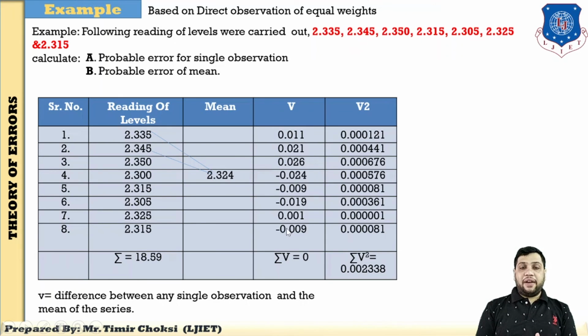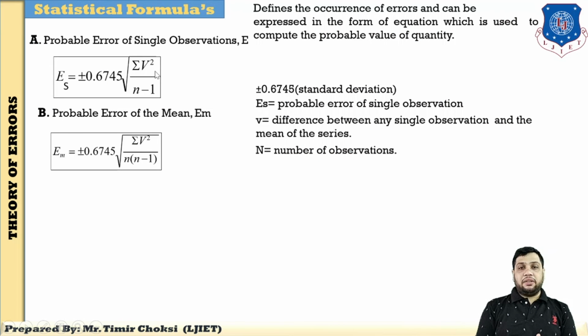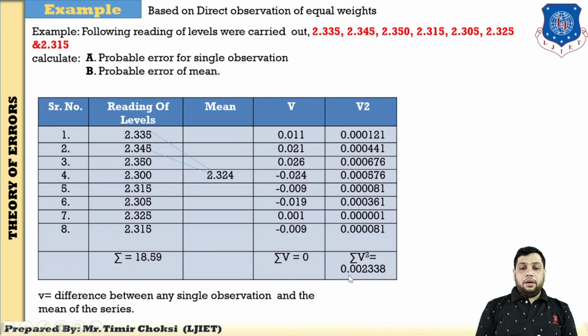So you first find the value of V, and after finding all the values of residual error, then take the square of the residual errors. So you find the summation V square, because our main goal is to find the summation V square. The summation V square answer is 0.002338.